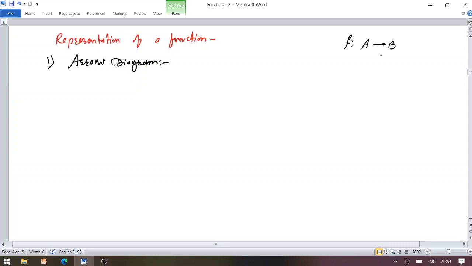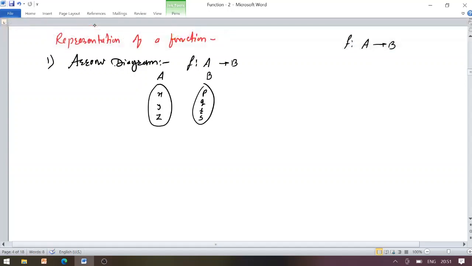The arrow starts from the element of the domain and points to its value, that means the range. Suppose, for example, f is a function from A to B, with A having elements x, y, z, while B has elements p, q, r, s.